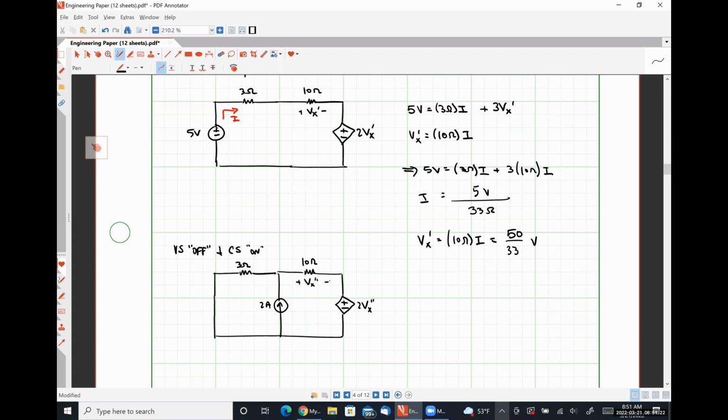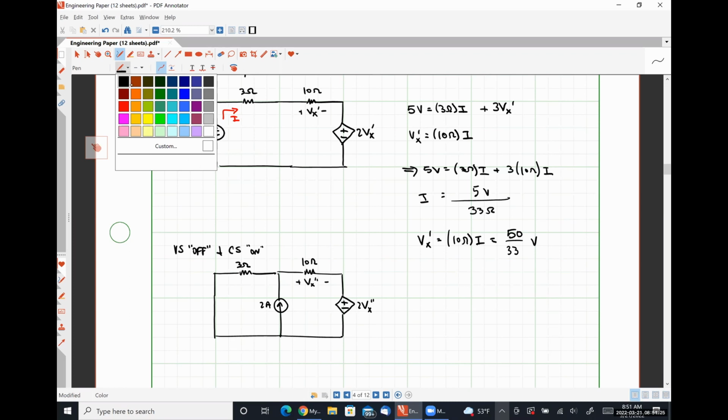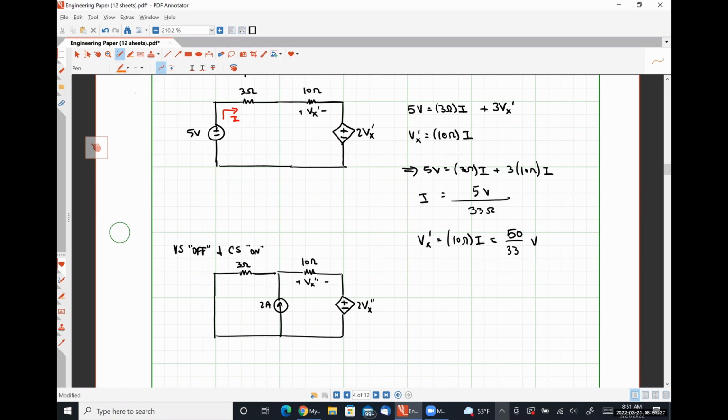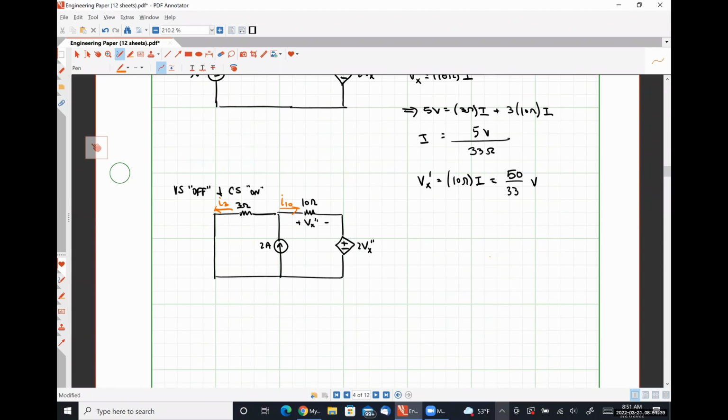All right, so let's say this is I3, and this is I10, so that I3 plus I10 is equal to 2 amps is one equation.